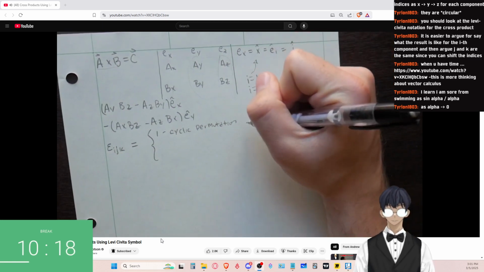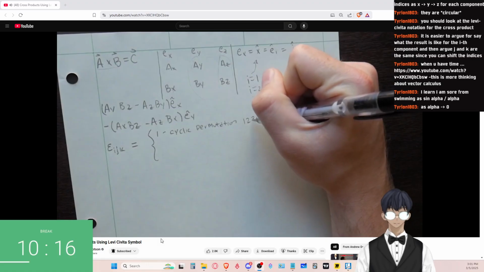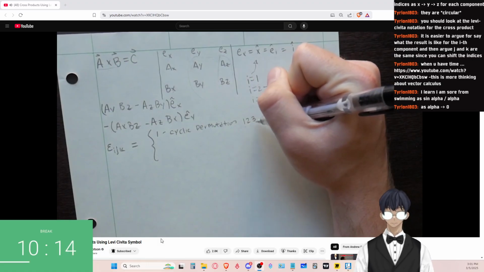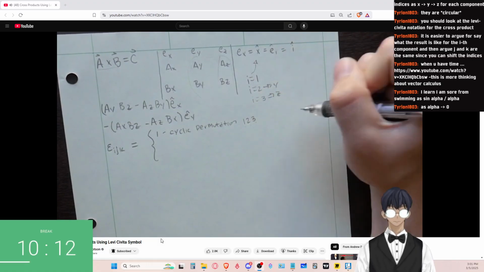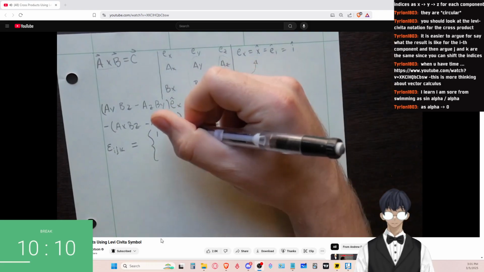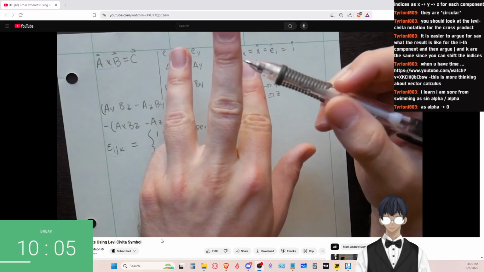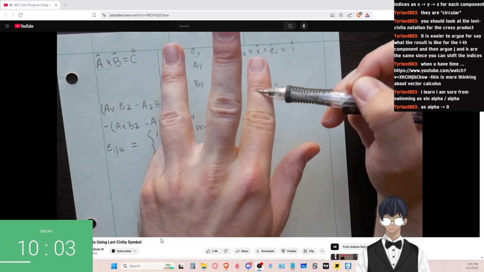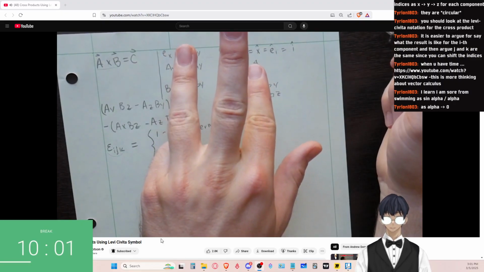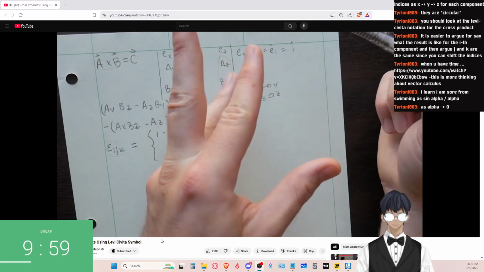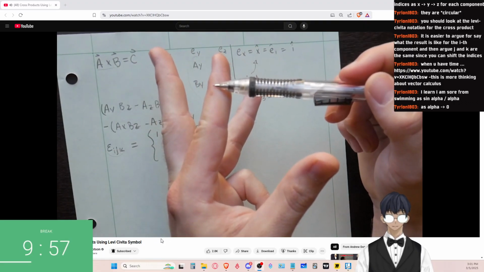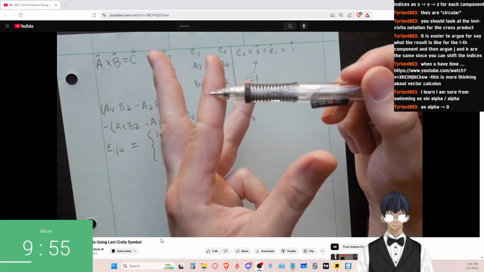If we have ijk being 1, 2, 3, so i being 1, j being 2, k being 3, that's what's called a cyclic permutation, and that means this symbol here would be a 1. If you think of it this way, this finger is a 1, this finger is a 2, and this finger is a 3. We can rotate it such that the 2 becomes the new first number, in which case the next way around would be 2, 3, 1.